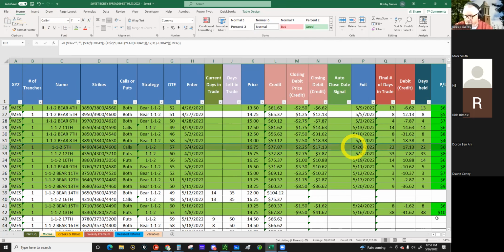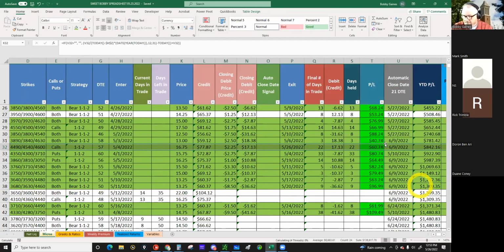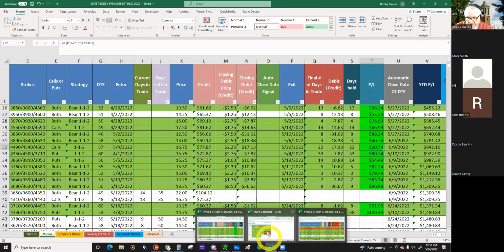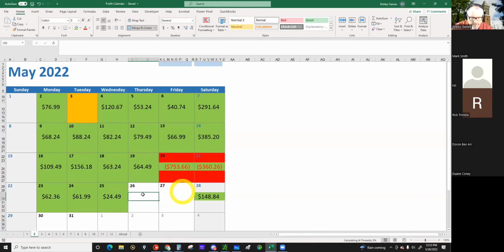So I paid for my buffet today, including the $10 tip. So 60.74. I made an extra 74 cents.